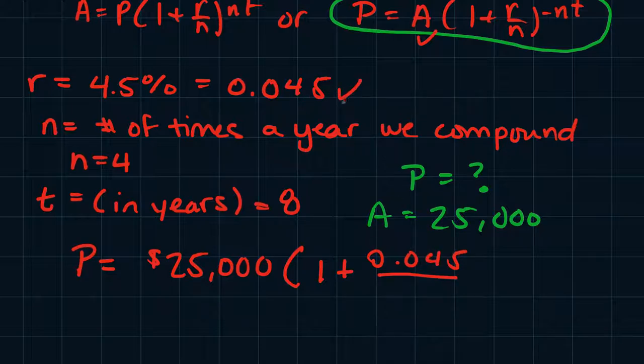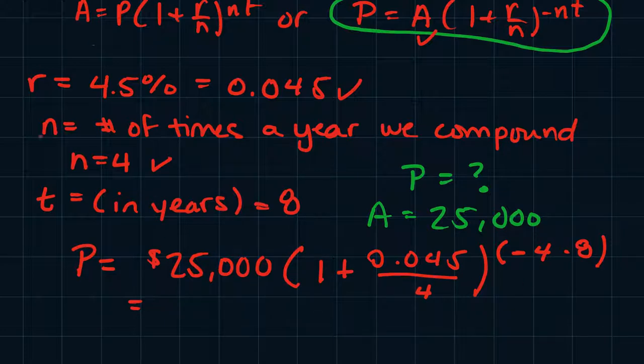So we've got this, divided by n, which is 4, raised to the negative 4, got the n, times t, which is 8. Okay. We've got to put this in the calculator. We need to be very careful with how we put it in the calculator, and we cannot forget this negative. Okay? If you forget the negative, you're doing this formula over here, which is not what we want. So let's put it in the calculator.